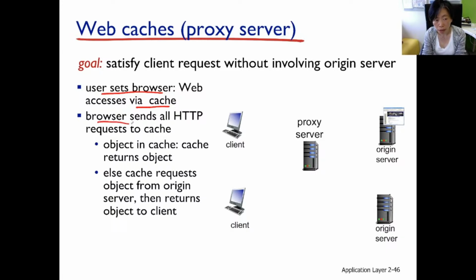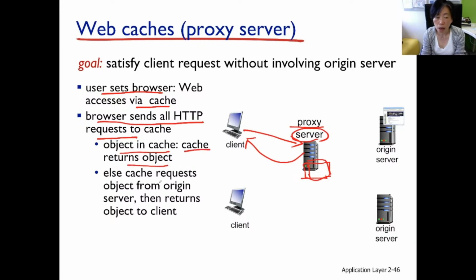Subsequently, the browsers send all HTTP requests to the web cache. If the object, the page we're looking for, is already in the cache, the proxy server sends the object back. So it works somewhat like a server, but it's not the original server. It's somewhat a delegate of the original server, having a copy here. So if the object is in the cache, the cache returns the object.